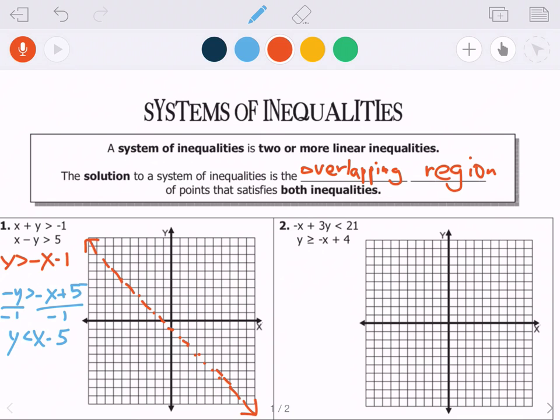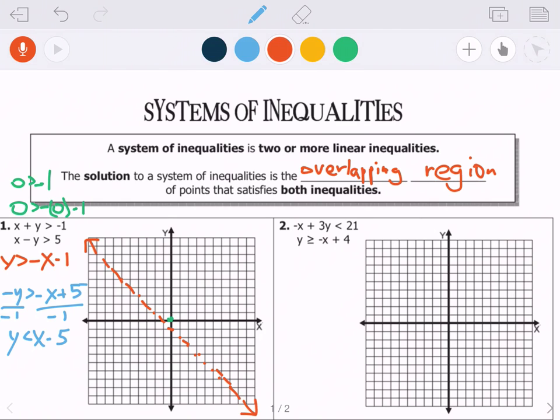So I have y is greater than -x minus 1. So we're going to use a test point. I'm going to use 0, 0, and I'm going to see, is 0, 0 a solution? If I plug in 0 for y, and 0 for x, -0 is just 0. So I'm going to have 0 is greater than -1. 0 is in fact greater than -1.